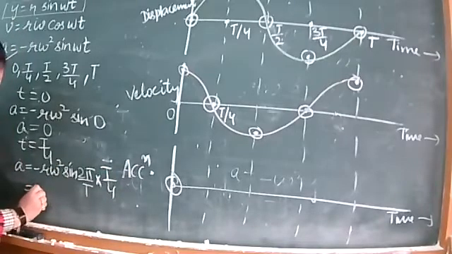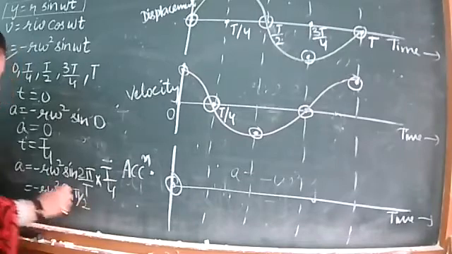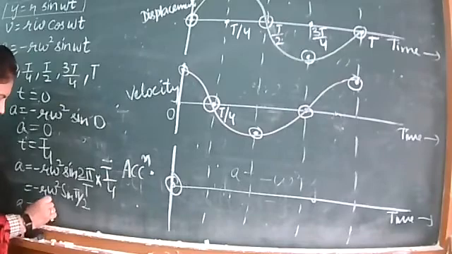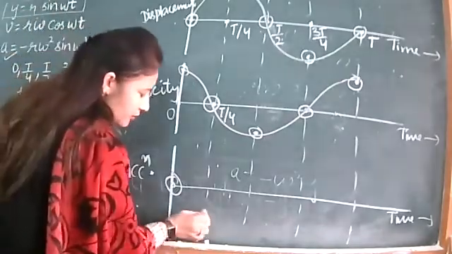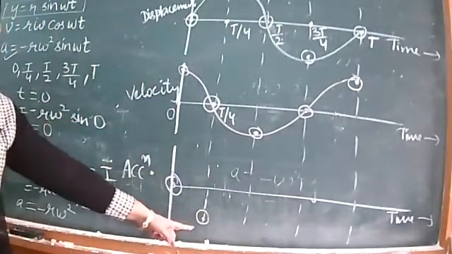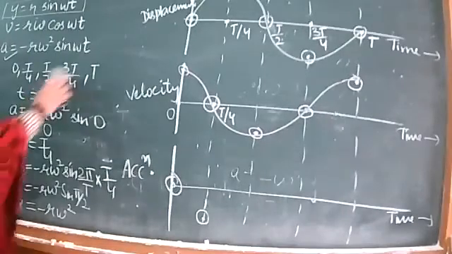Again, that would be sine 90 degree, sine pi by 2. Sine pi by 2 is 1. So acceleration is minimum, minus r omega square, corresponding to second interval. So we mark this point here. Acceleration is negative.